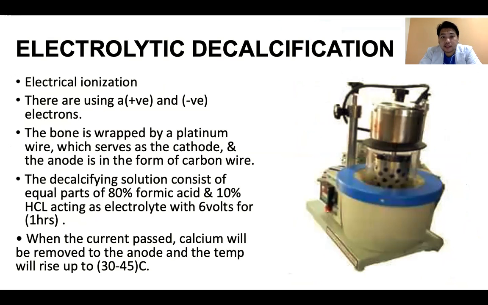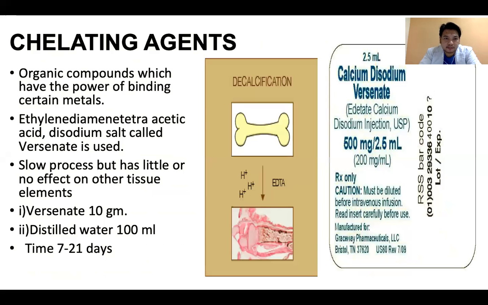So you're going to expose the bone or the calcified tissue to electricity for 1 hour. So when the current is passed, calcium will be removed to the anode and the temperature will rise up to 30 to 45 degrees Celsius. Yan.